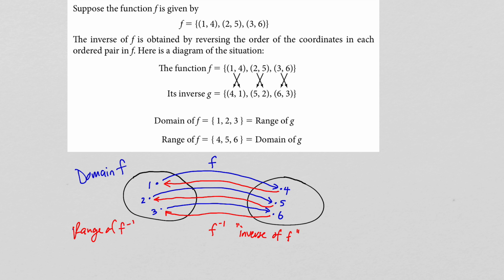And over here, this is the range of f, but it is the domain of f inverse. So the concept of an inverse function is a very simple one, but it's also a very important one. Basically, the inverse is just a way of undoing what the function did.